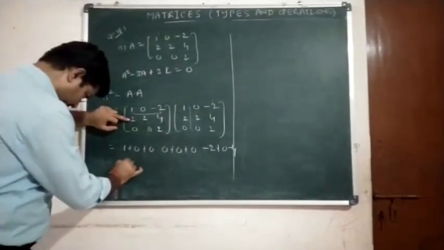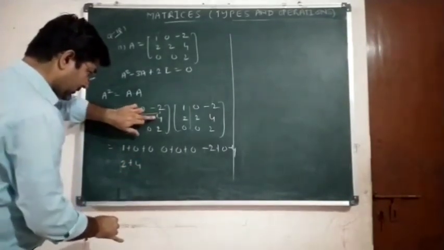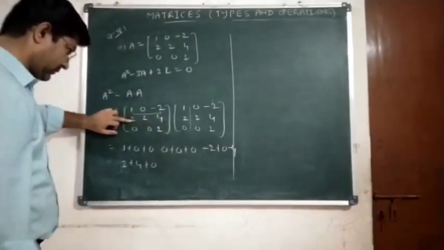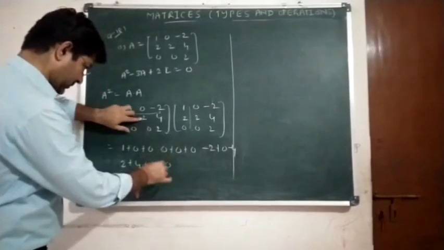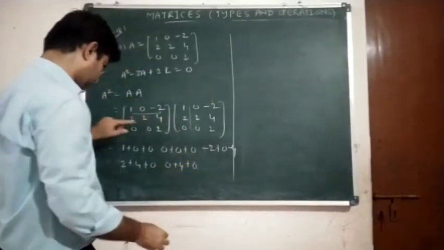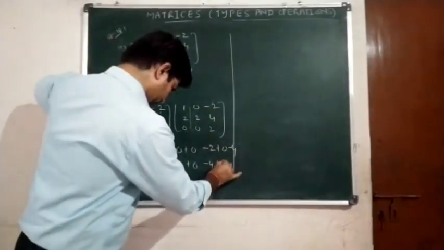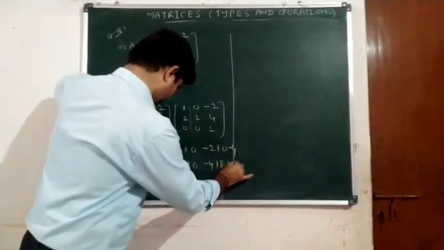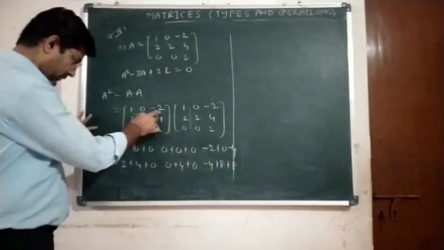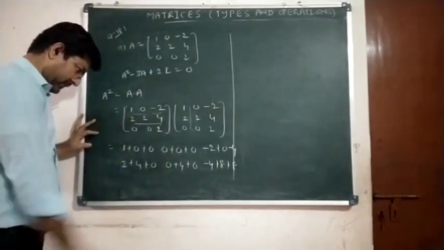So 2 ones are 2 plus 2 twos are 4 plus 0. Again 2 zeros are 0 plus 2 twos are 4 plus 0. Again with the third, 2 into minus 2 is minus 4, plus 4 twos are 8, plus 4 twos are 8. Now with the third row, with each column one by one.